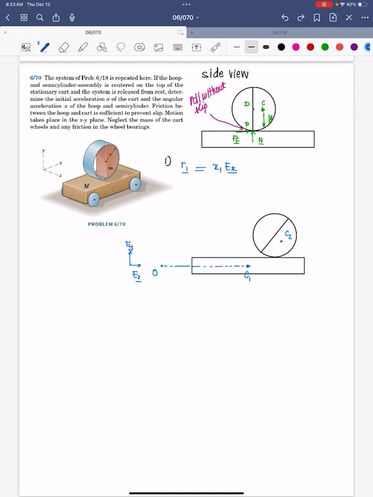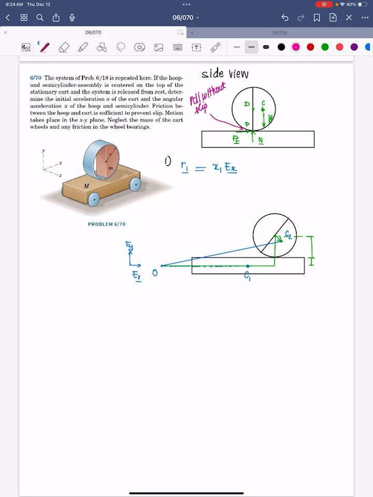Then I can draw the position vector to the center of mass of the disk, which I can divide into a horizontal component and a vertical component. This vertical component is going to stay constant. It's always equal to half the width of this and then the radius of the disk, and this vector here we're going to define this way.